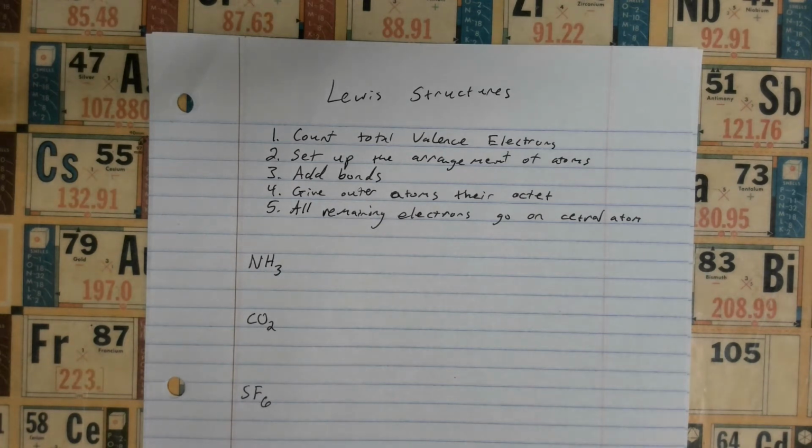This is important because you need to account for all the electrons. You can't use any more, you can't use any less, so you've got to have the right number. Then number two, set up the arrangement of atoms. So you figure out which one's the central atom, that one's going to go in the middle, figure out what the outside atoms, how they're going to be arranged, and go from there.